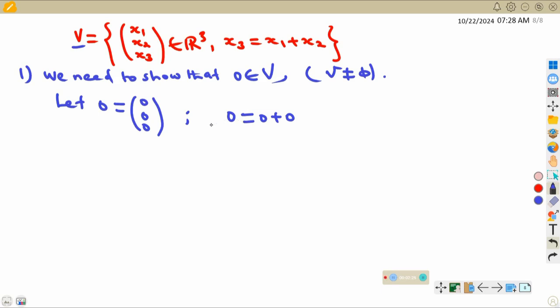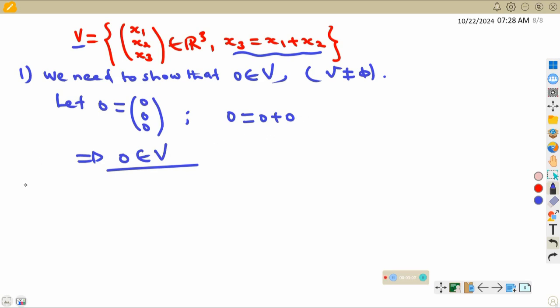This is true because when I consider the x3 component to be 0, then x1 is 0, x2 is also 0. So clearly I can say 0 is same as 0 plus 0, and if this holds, then clearly we can say that 0 is an element of V because when you get 0, which is the x3 component, it will be equal to 0 plus 0. Because 0 equaling 0 plus 0, the statement is true.